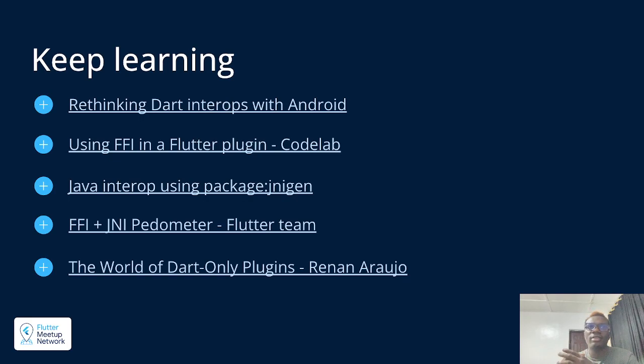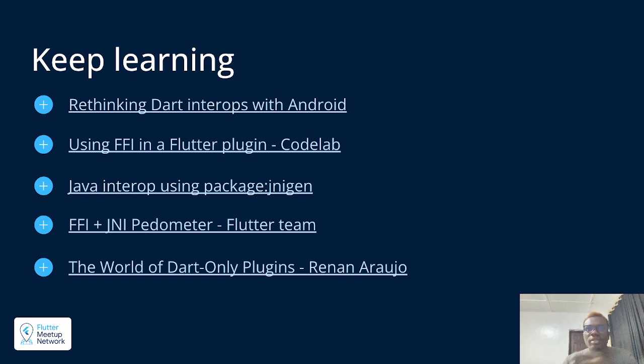So yeah, keep learning. These are other resources you could check. Taking Dart interop with Android from the Flutter team, using FFI in a Flutter plugin, it's a codelab. Java interop using package:jnigen. This is a link to the Java interop documentation from the Dart team, or that of Flutter, I can't remember exactly.